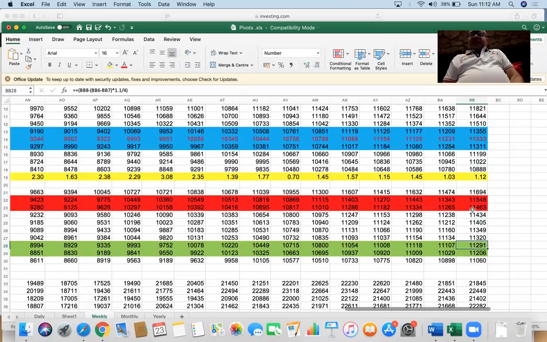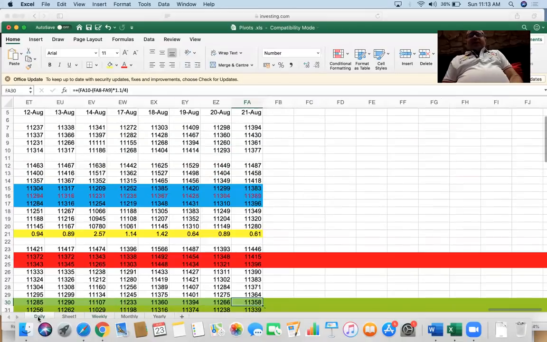On the upside, again, your H3 is 11,463 to about 11,546. So basically, these are the weekly upside resistance levels that the market needs to cross.